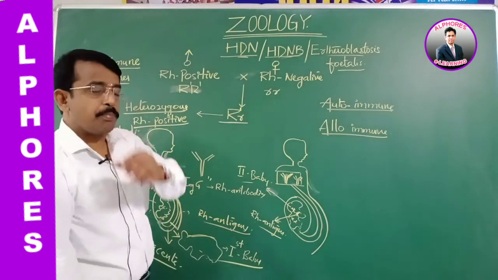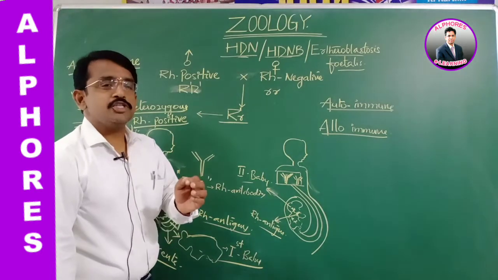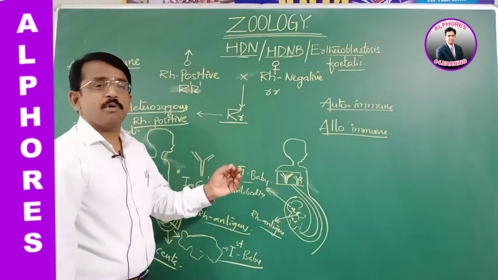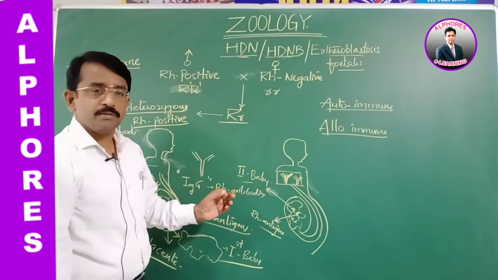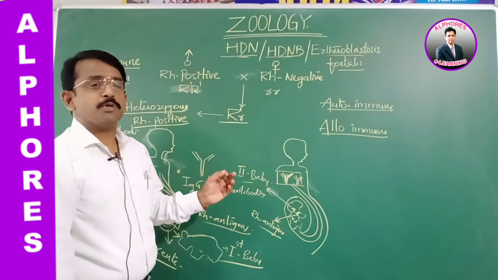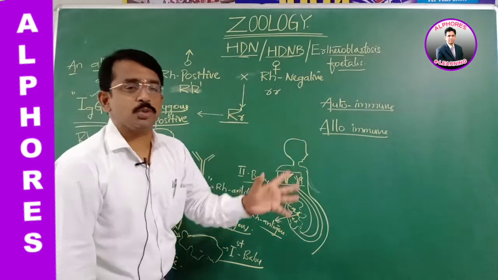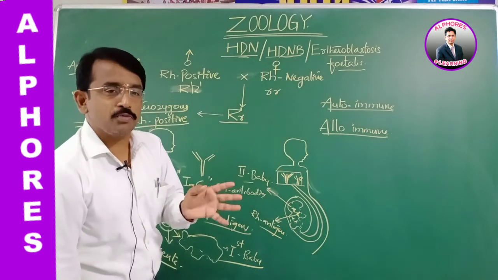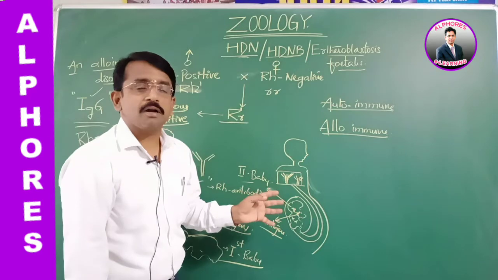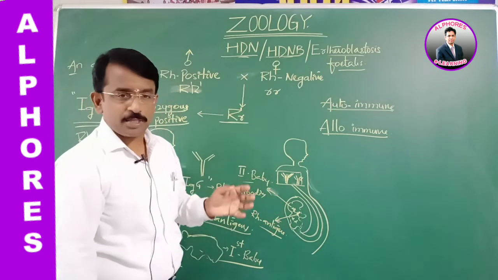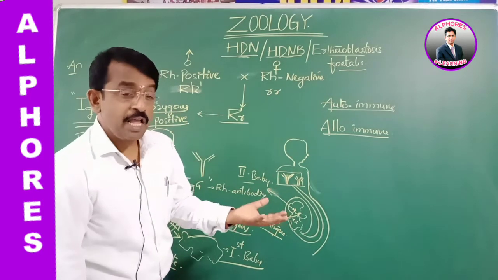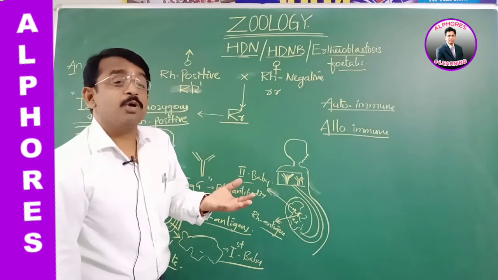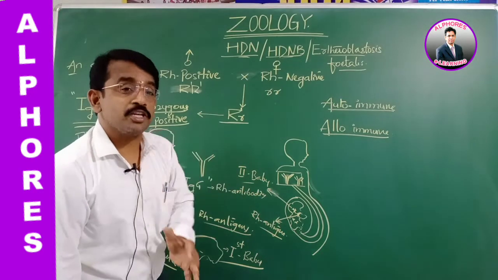This is the point to be noted: IgG antibodies, or Rh antibodies, are naturally not produced, and when Rh antigen is exposed to an Rh negative individual, it then produces the Rh antibodies. These are small in size and large in percentage, and these antibodies are able to cross the placental barrier.